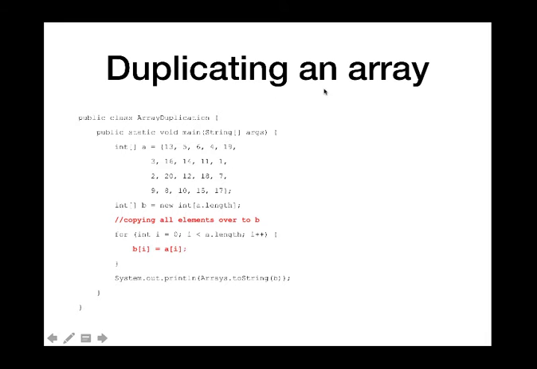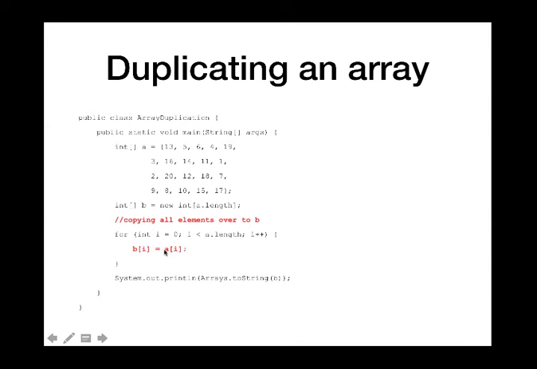Another interesting example is duplicating an array. That's exactly the same array as before, but now what I'm doing is I want to copy or clone. In this case, I'm copying the elements from A to B. I'm creating a new array here, and I'll copy over all elements from A to B. In order to do that, again, I have to go over n elements, as I want to copy all of them.